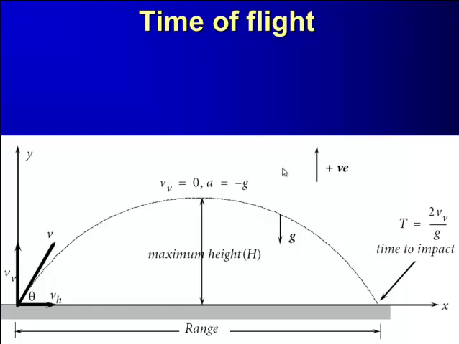And this means that if we know the time it takes to go up, we can use that value to work out the time it takes to impact. So this would be 2 times the vertical velocity divided by g.